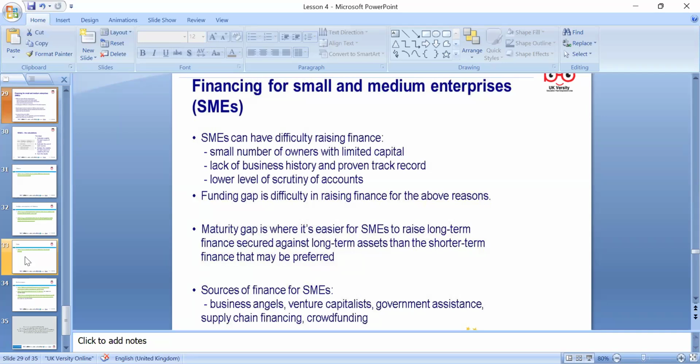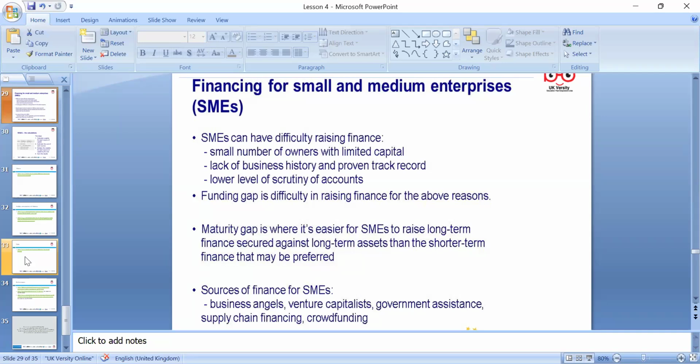Then we have financing for small and medium enterprises, SMEs. Raising finance can be difficult: a small number of owners means limited capital, a lack of business history and proven track record, a lower level of security, a funding gap, and a maturity gap, where finance is skewed towards short-term finance against long-term assets.